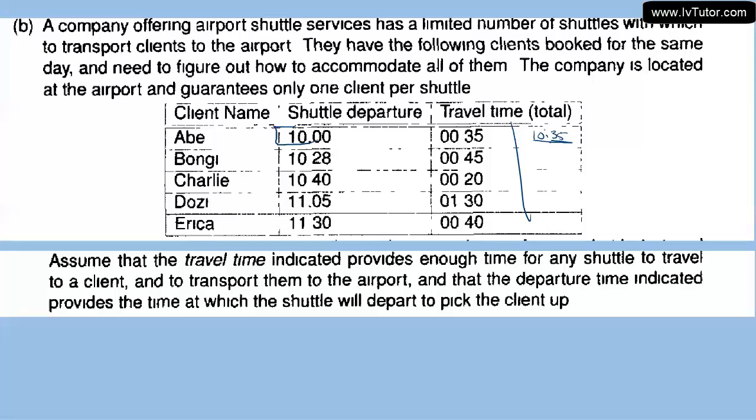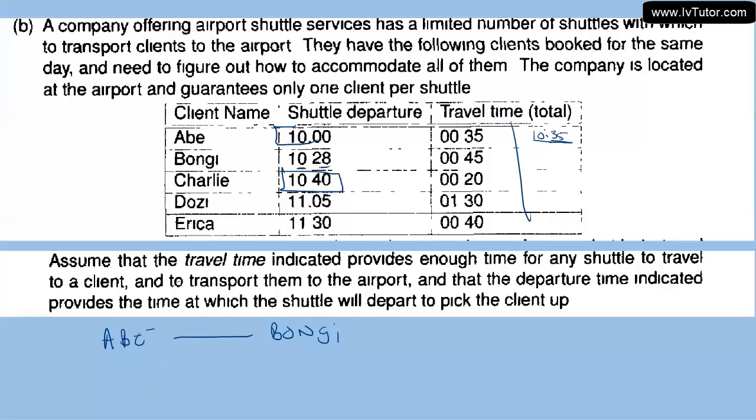So that's a constraint. So the shuttle that takes Abe and Wongi already has a constraint there, right? But this shuttle is back at 10:35. It can leave and collect Charlie at 10:40. So Abe and Charlie do not have constraints. This one leaves at 10:28 and comes back 45 minutes later.